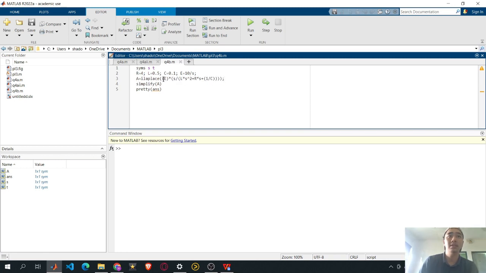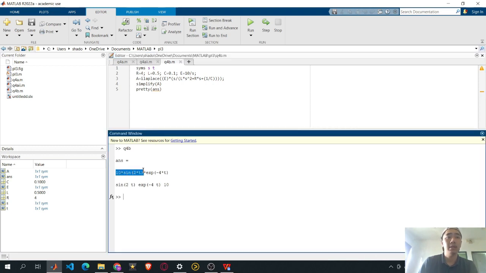The equation is this: E times s over L times s to the power of 2 plus R times s plus 1 over C. We simplify and make the answer pretty. So the answer is 10 times sine 2t times exponent negative 4t.